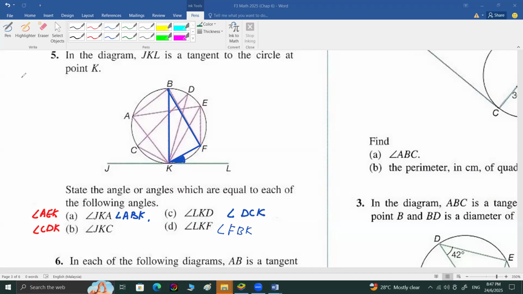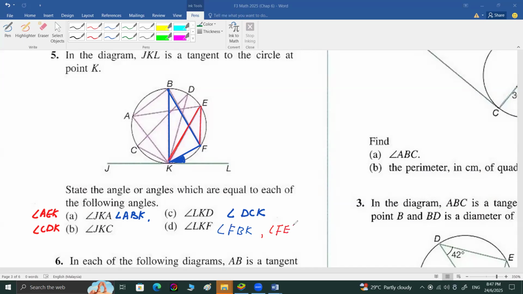Is there still any to draw? Yes, we still can draw this one, right? Can you see we still can draw this? So, F, E, K, yes.